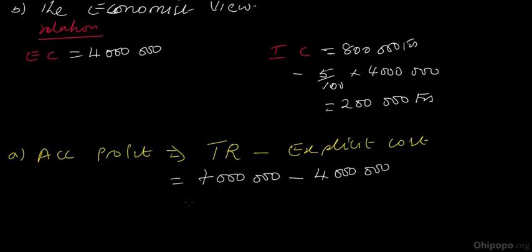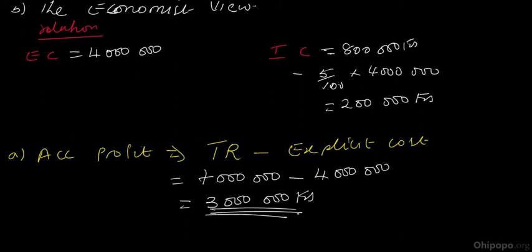So what is the accountant's profit? The accountant profit is now 3 million. So the accountant will make 3 million francs as profit.